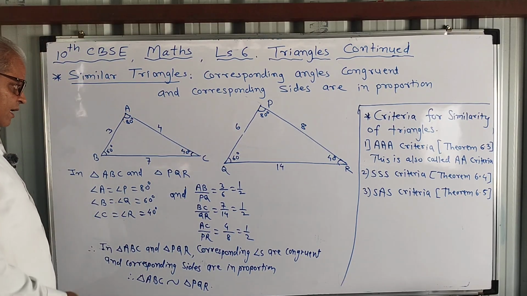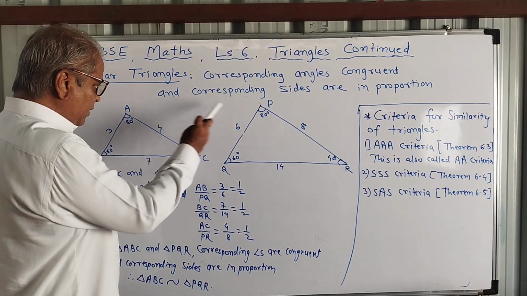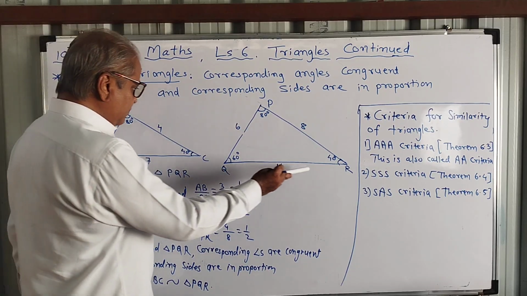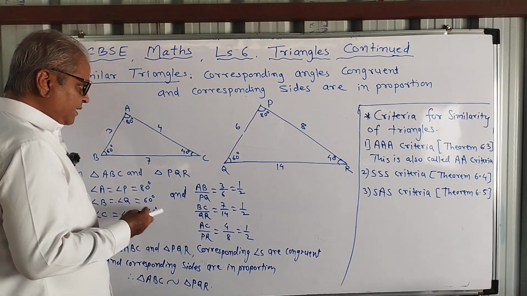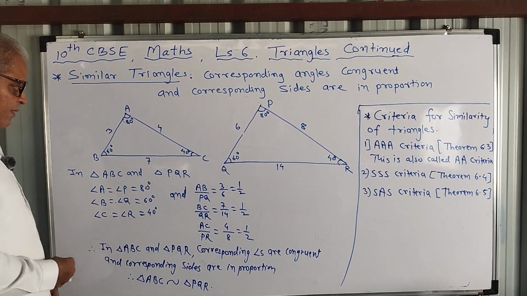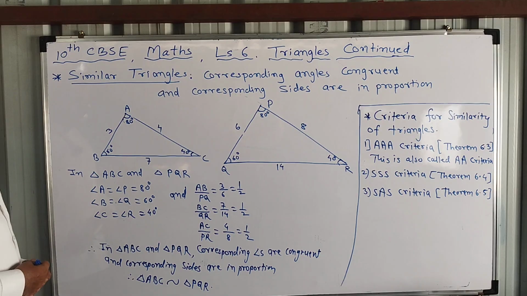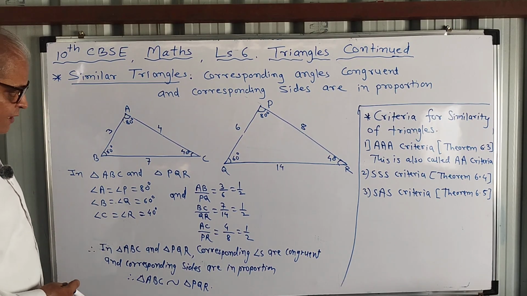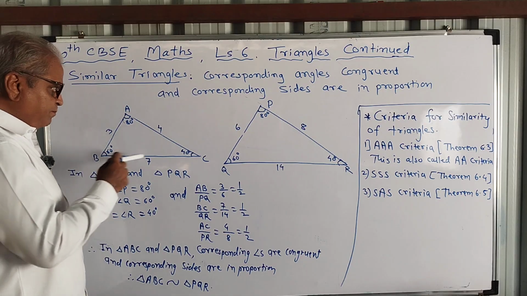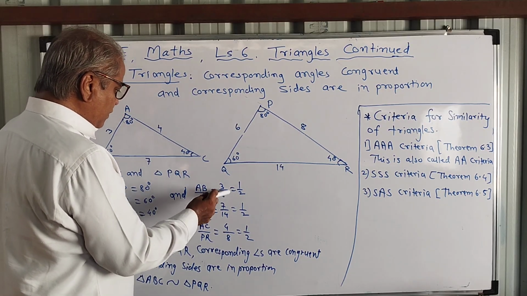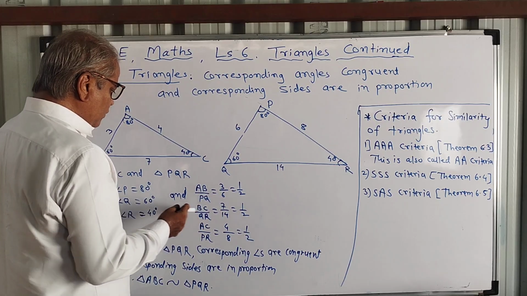Now if you look at the corresponding angles, A corresponds to P, B corresponds to Q, and C corresponds to R. So we can see that corresponding angles are equal, that is, they are congruent. And what is meant by sides are in proportion? If you take the ratio of corresponding sides, AB corresponds to PQ, so AB upon PQ is 3 upon 6, it is 1 upon 2.